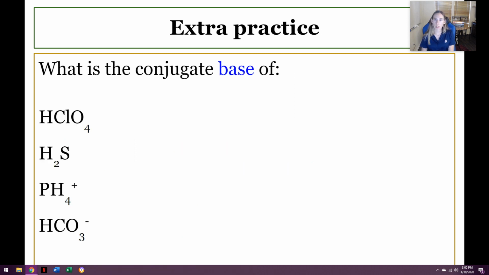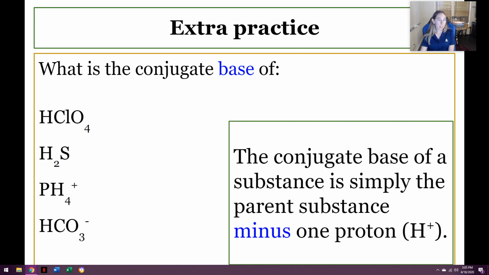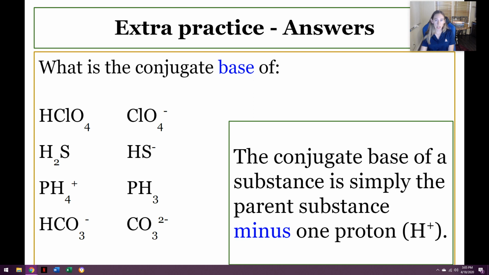Here's some more practice. Pause the video and write the conjugate bases of each of these following acids. Here's a hint. The conjugate base of a substance is simply the original substance minus one proton, which is the hydrogen ion. Here are the answers.